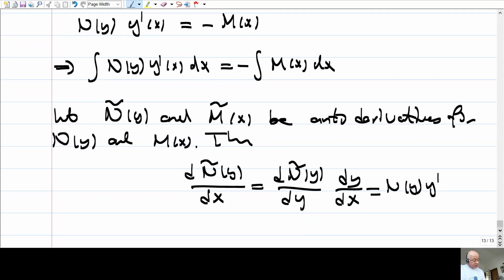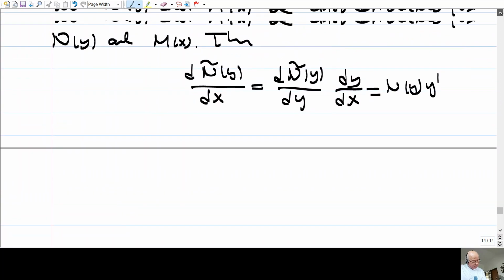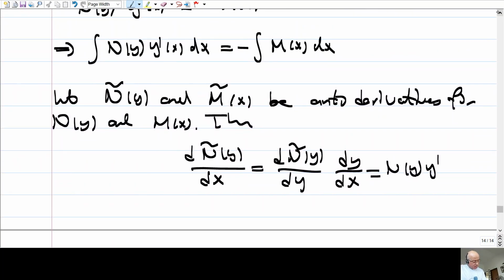Therefore, the integral of this expression, which is n(y) times y prime, is just the integral of this expression.